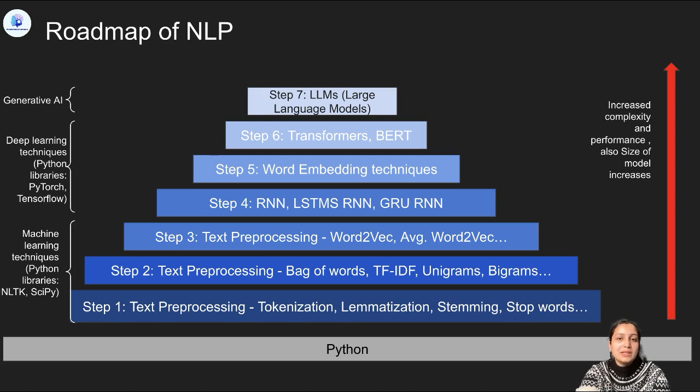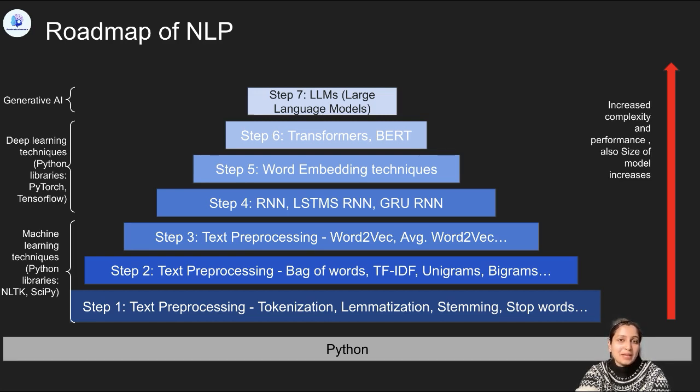Now, when we increase the complexity of text preprocessing, then comes the second step, which is bag of words, TF-IDF, unigrams, bigrams, and so on. These are all techniques which basically aim at generating a clean input, converting our input text to vectors.